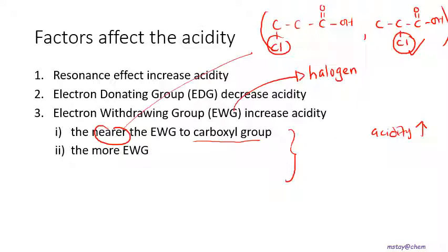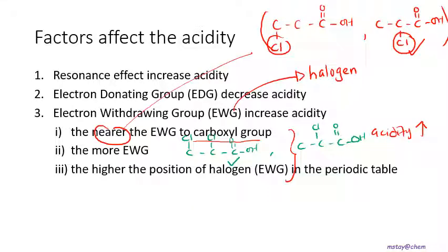The other factor is the more EWG, the higher the acidity. Look at this example as well: if we have propanoic acid with more halogens, and another one with only one halogen, definitely the one with more EWG will have increased acidity.